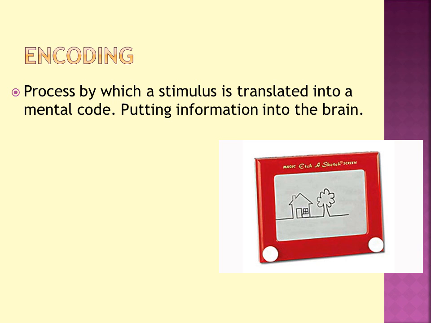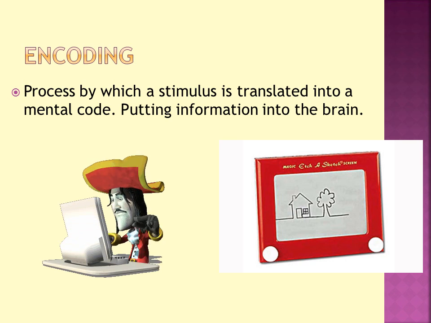Okay, so the first step here is the process of encoding. A process by which a stimulus is translated into a mental code, putting information into the brain. Like I said before, it's like typing into your computer; you're processing into the brain the different events that happen to you. We will talk about the different types of experience you have that encode the information.